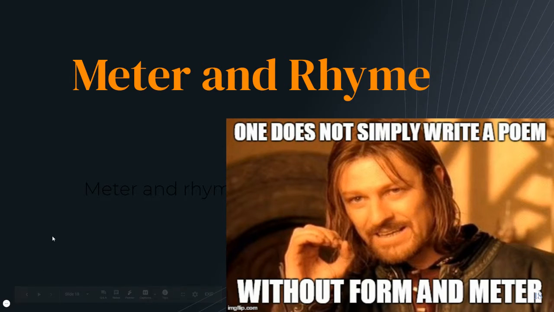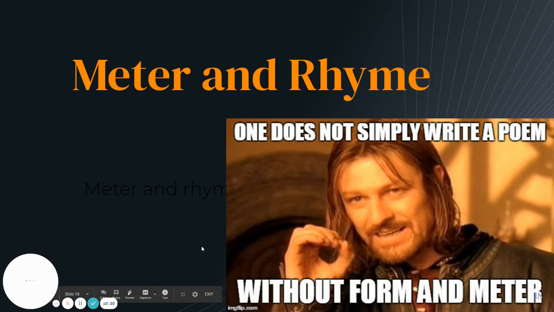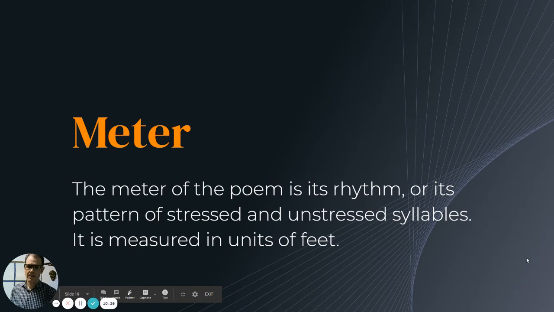Okay. All right. So just what you need to remember is we also have meter and rhyme, okay? And so we need to, let's see, I'm going to put that back up there. There we go. All right, so let's go ahead and look at meter.